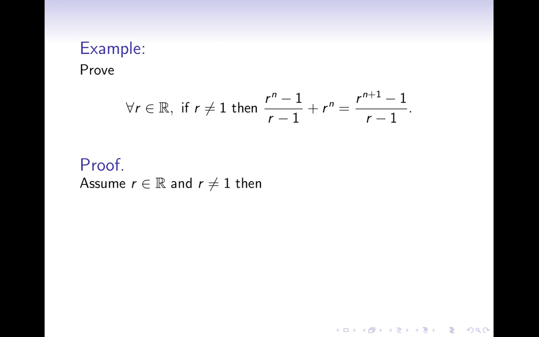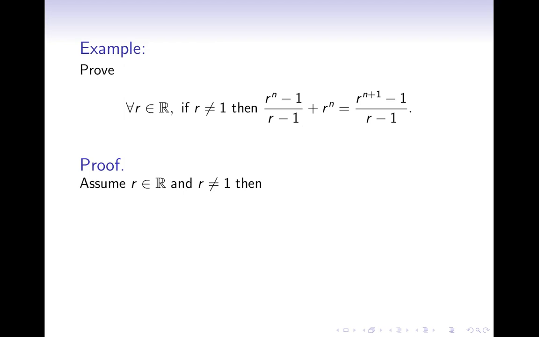Since it is a for all followed by an if-then, and even if you didn't know the third proof principle, this is what you would probably do. You would assume you've got a real number r, and that it's different from -1, and you would try to give an argument for the conclusion of the if-then. In other words, for this equality. And that's what I'm going to do.